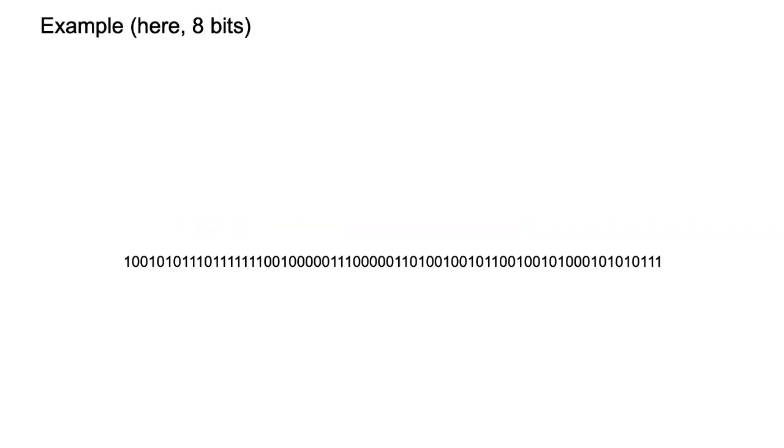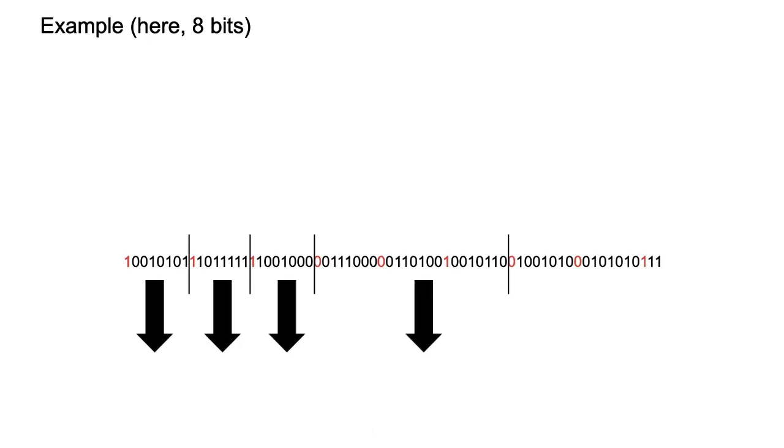Okay, so here, if we have this huge sequence of zeros and ones, and I don't tell you where it starts and where it stops, if I tell you that this is based on 8-bit packets, then now you can separate, because since you know it's 8 bits, you just need to look at the zeros and the ones in here, and all the ones tell you that it stops, all the zeros tell you it doesn't stop, and now you can actually reconstruct.